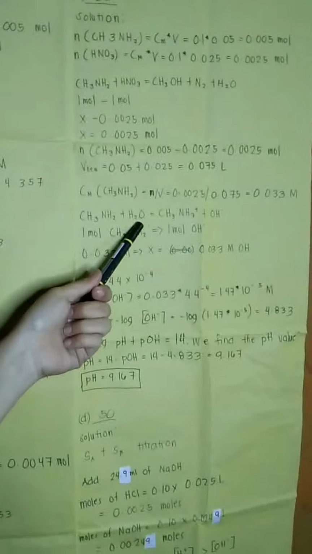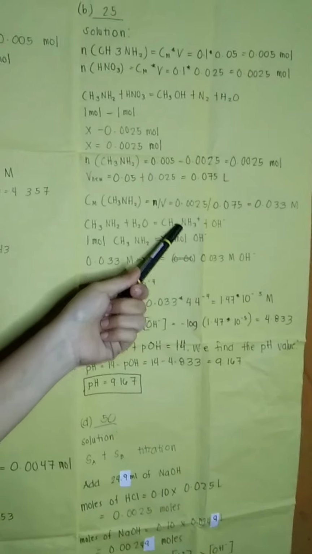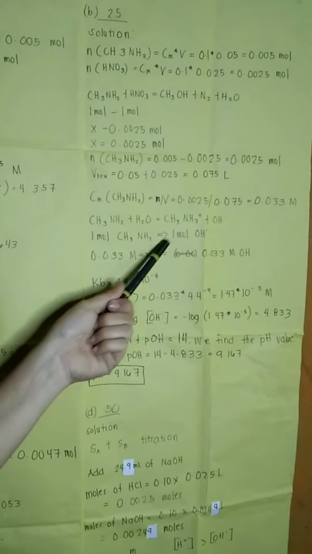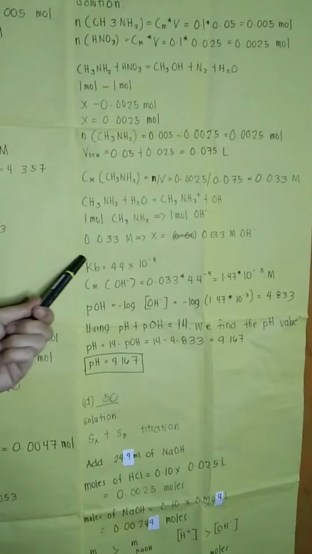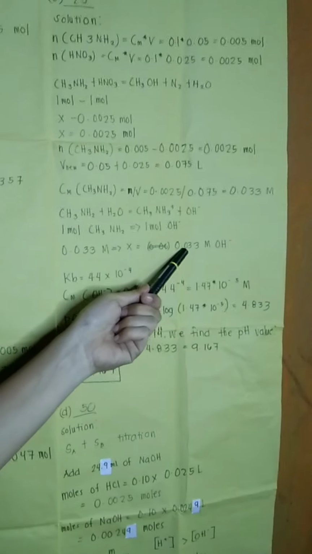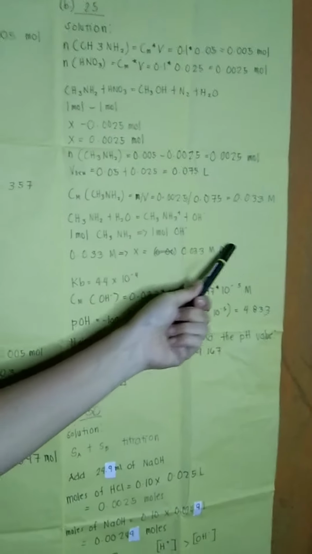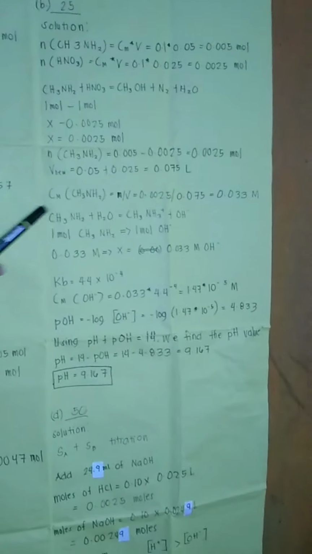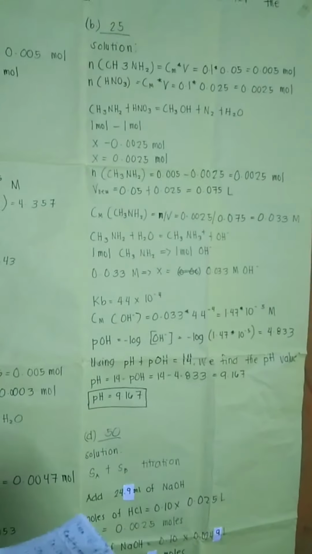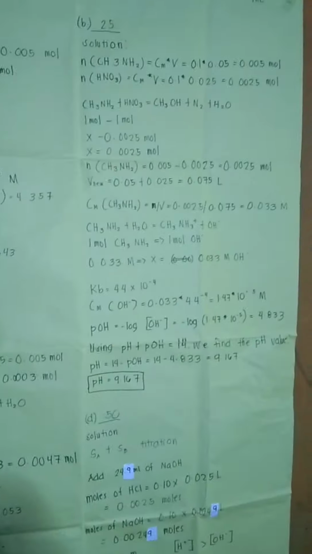CH3NH2 plus H2O, or water, equals CH3NH3 positive plus OH negative. 1 mole CH3NH2 to 1 mole OH negative. 0.033 molarity to X equals 0.033 molarity OH negative. Methylamine, CH3NH2, is a weak base that reacts with water according to the above equation.